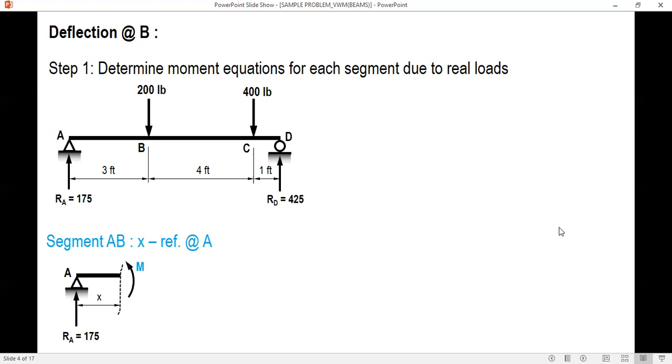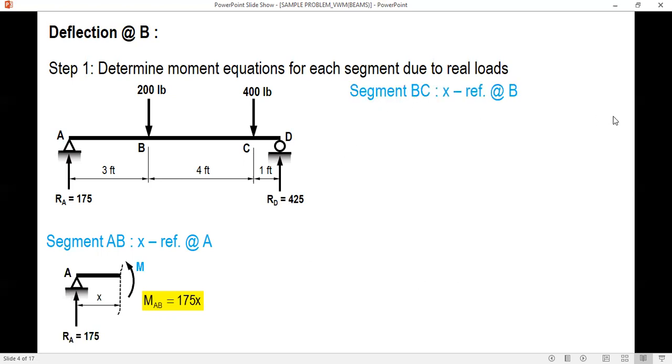But if you analyze the right side of the cutting section, the direction of moment is clockwise. So for this one, just equate counterclockwise moment equal to clockwise moment. So M is equal to 175x. This is for segment AB.